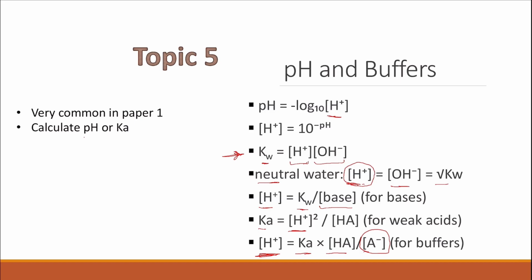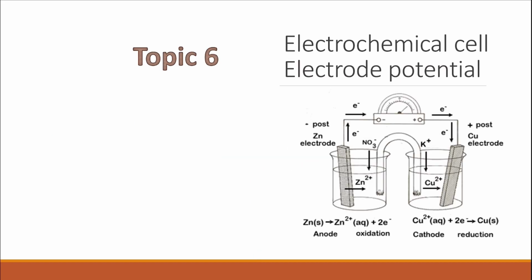So remember that the species that will undergo oxidation is the one that will have a more negative E node, or more negative electrode potential, or a smaller value for the electrode potential. It usually takes place at the anode, or the negative electrode, while the reduction is the one which is going to have a more positive E node value, or a larger value for the standard electrode potential.